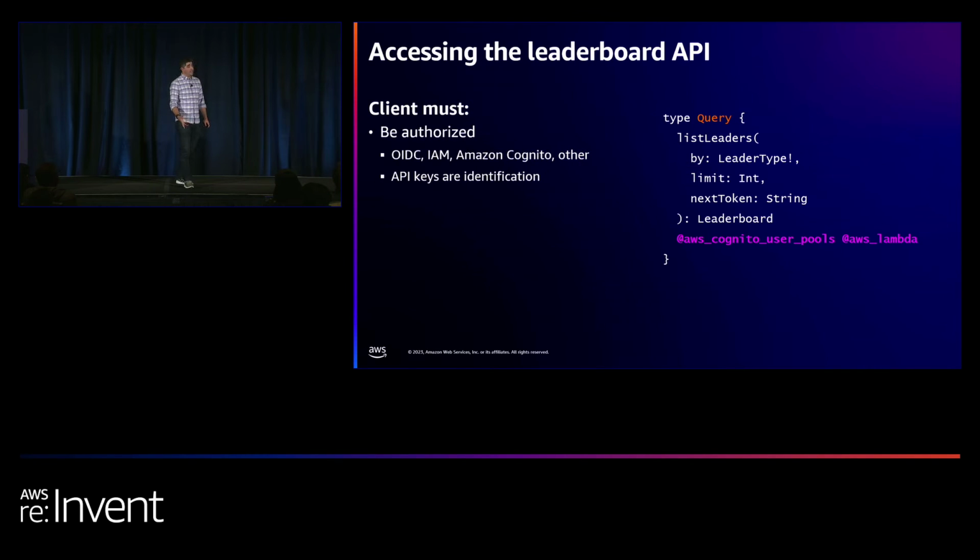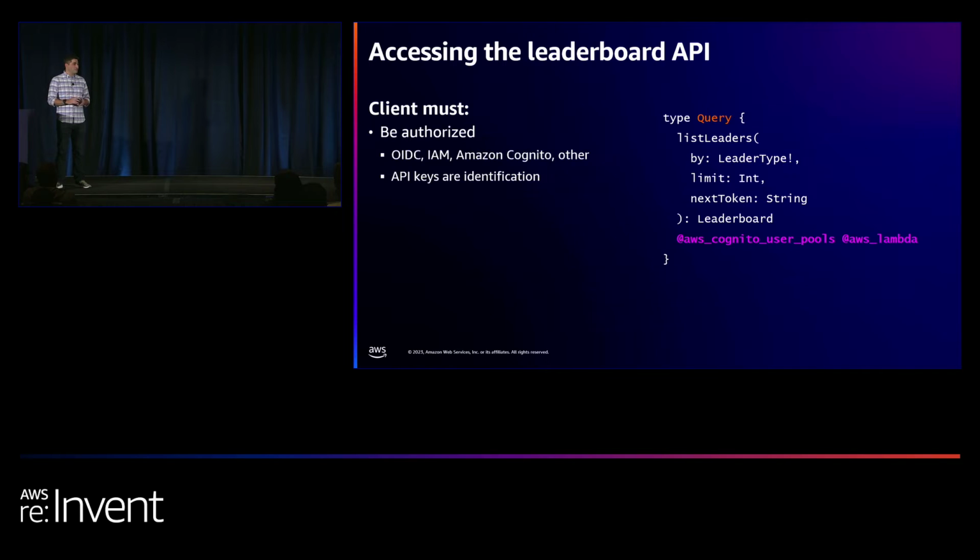So when we talk about accessing the leaderboard, again, we want to make sure that our client is authorized to actually have access to it. We don't want a purely public open endpoint on the internet. AppSync supports things like OpenID Connect, IAM, Cognito, and other options. It also supports API keys. API keys are identification, not authorization, right?